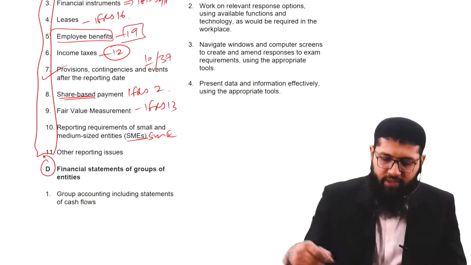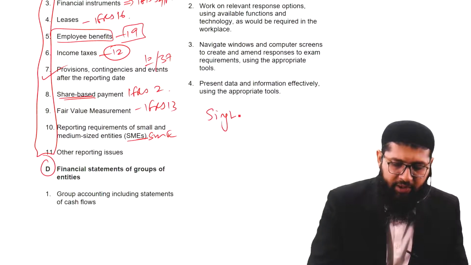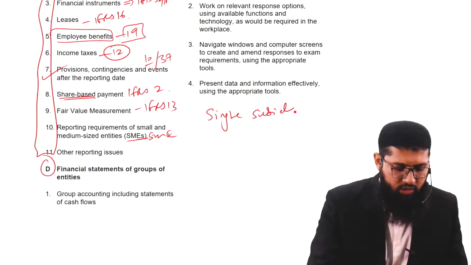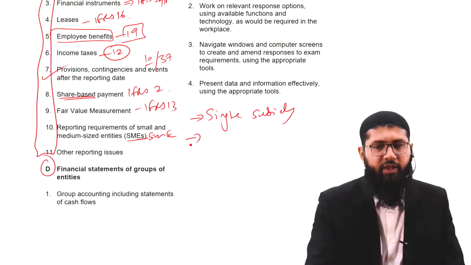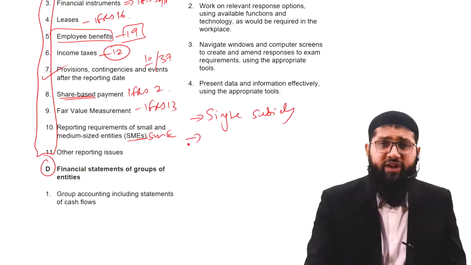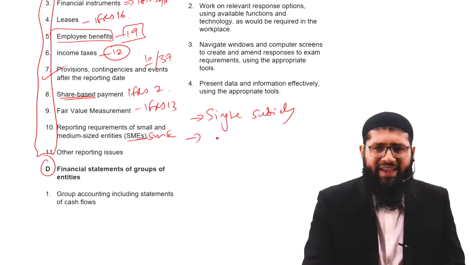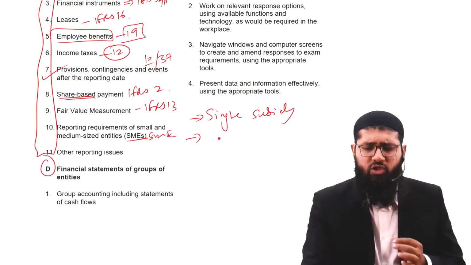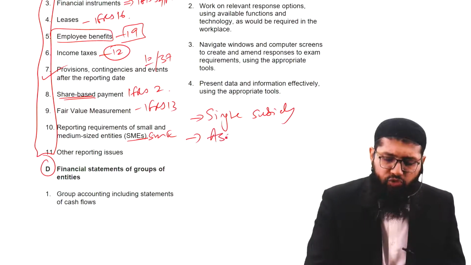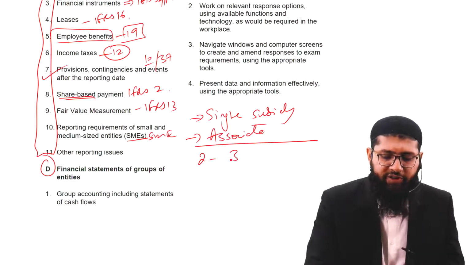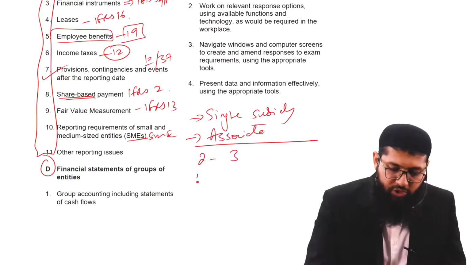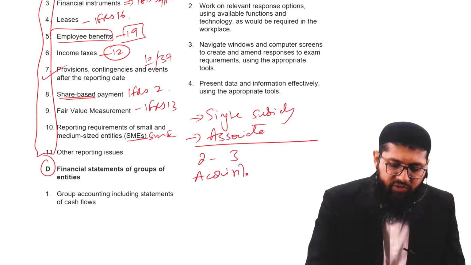You have studied a single subsidiary up till now. You have only studied associate. Here you would talk about 2 subsidiaries, 3 subsidiaries. You would talk about the acquisitions in the group.